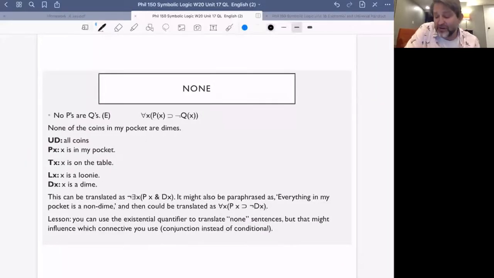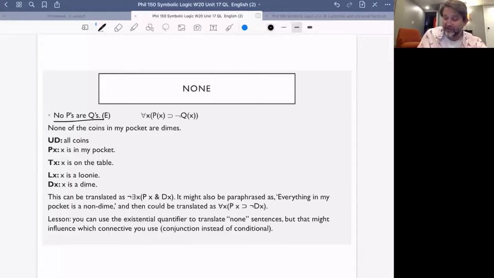All right, moving ahead. How do we express statements about the non-existence of things? How do we say, for example, that none of the coins in my pocket are dimes? Well, if we have a statement, no P's are Q's, an E statement, it's going to look like this: for all things x, if Px, then not Qx, okay?